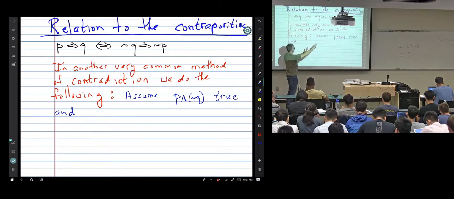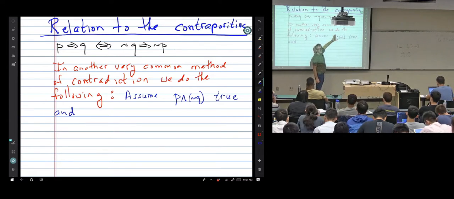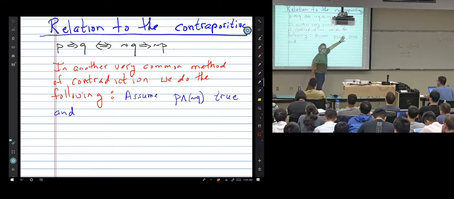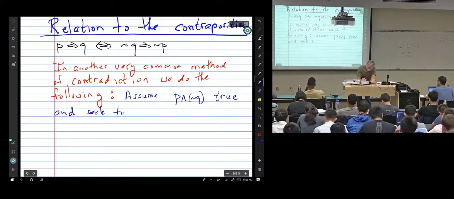P and not Q. So we assume the hypotheses, but the conclusion is false. If we can show that this is false, then P and Q have to be true, okay? So, and seek to derive a contradiction.